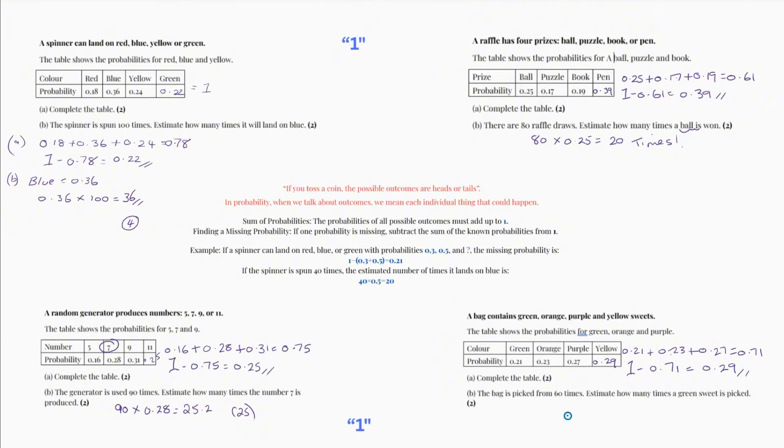And then finally, the bag is picked from 60 times. Estimate how many times a green sweet is picked. So let's go to green, and it's 0.21. So it's 60 times 0.21, and the answer to that is 12.6.